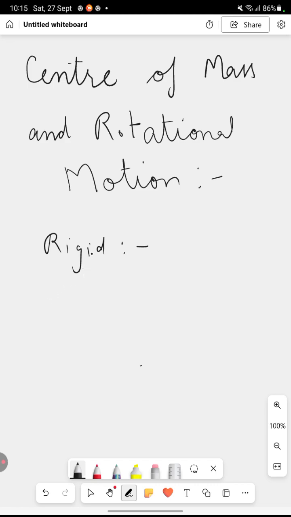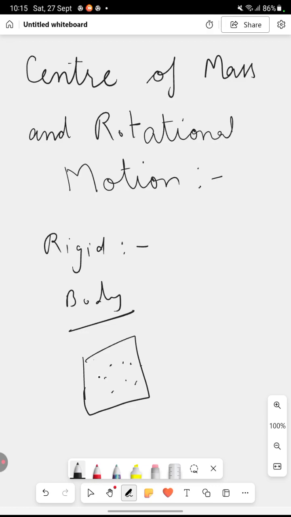So what is a rigid body? We have assumed a lot of particles in any object. When we say this is a rigid body, it means that the distance between any two particles in the body remains fixed on applying force on it.